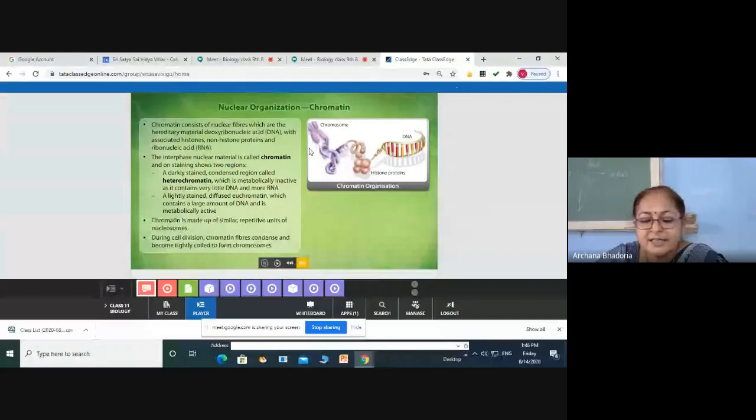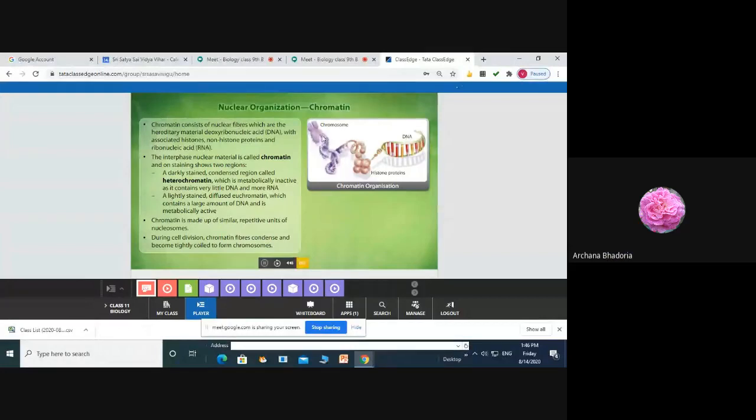So you find that this rod-like structure is the chromosome. And the chromosome is made up of two chromatids, and they are joined together by the centromere.